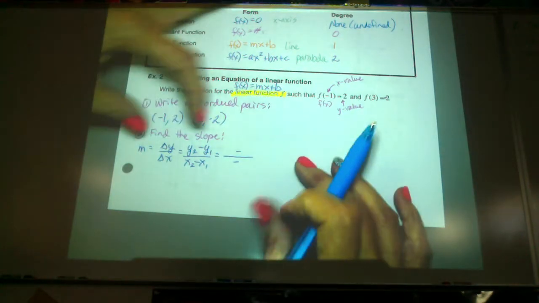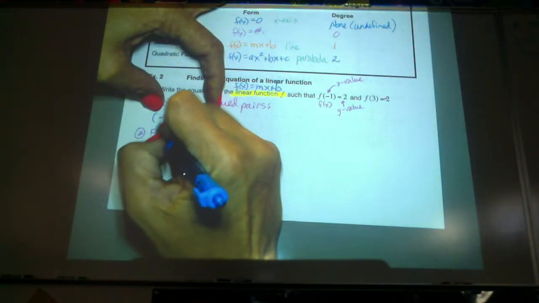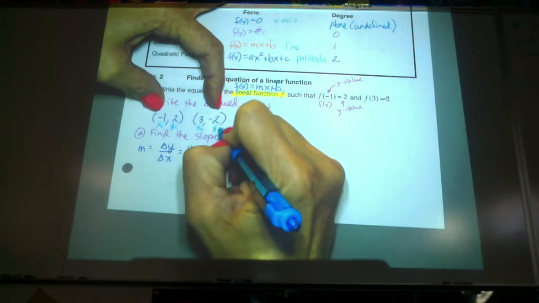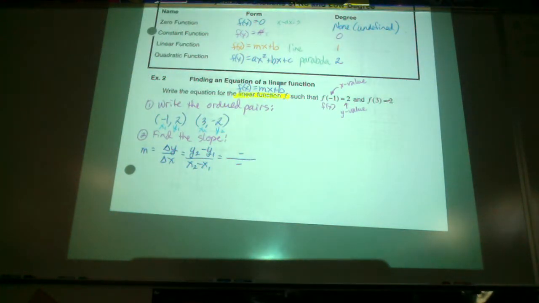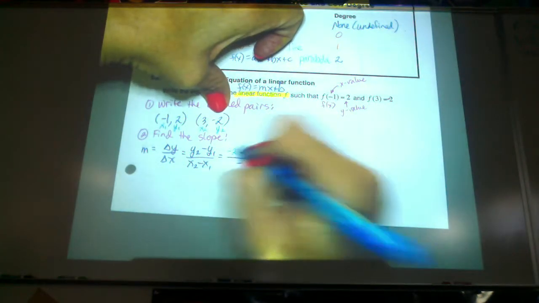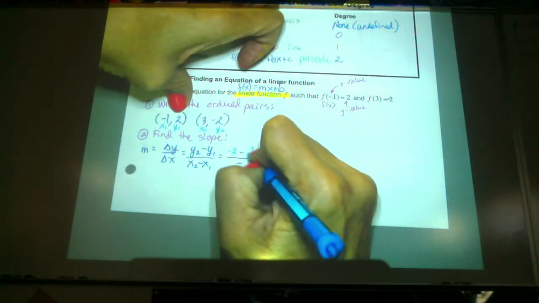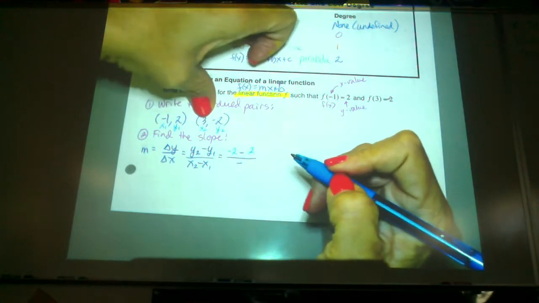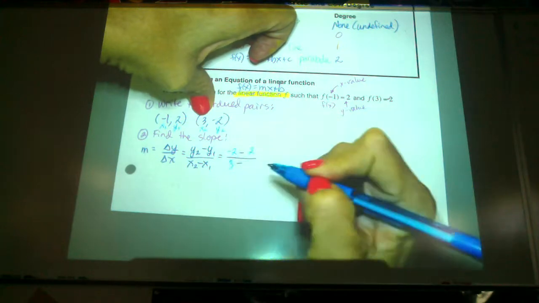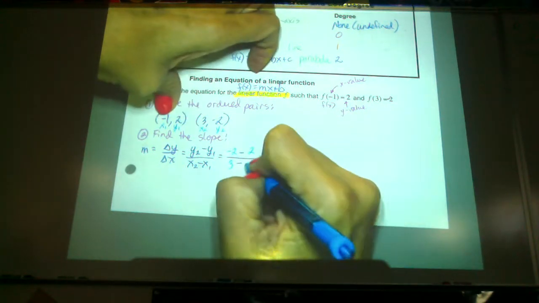Then label your ordered pairs. And you label this as x sub 1, y sub 1, x sub 2, y sub 2. And we're going to plug them in. So y sub 2 is negative 2, y sub 1 is 2, x sub 2, since I started with this one, x sub 2 has to come right below it, which is 3, and x sub 1 is negative 1.